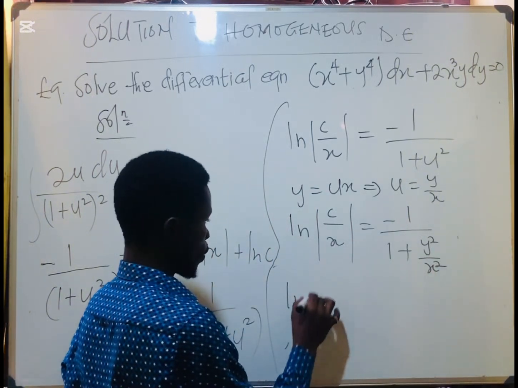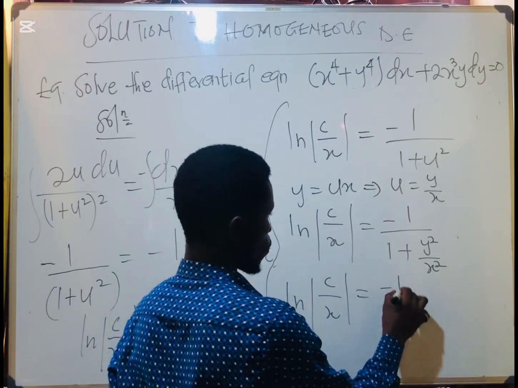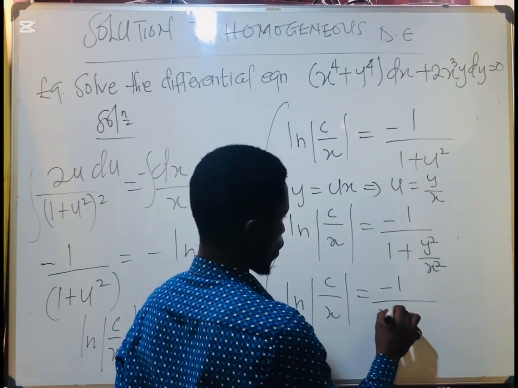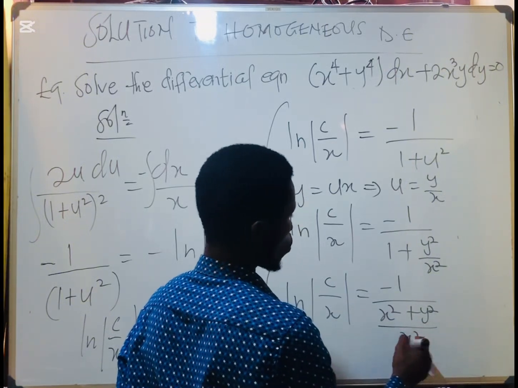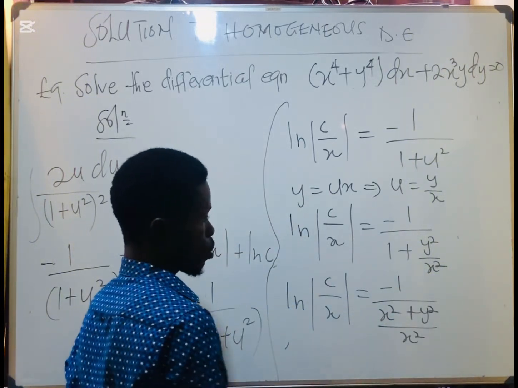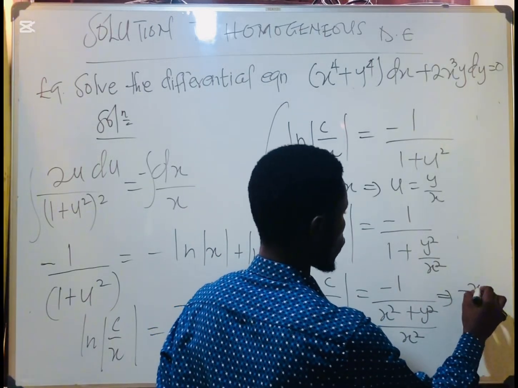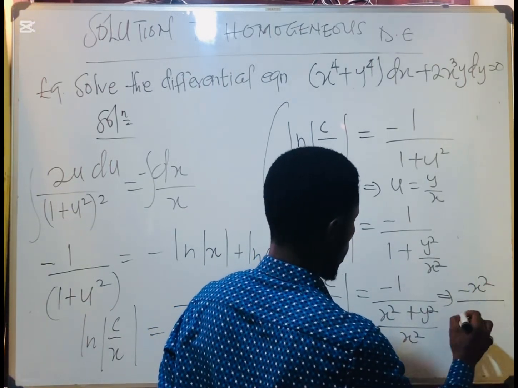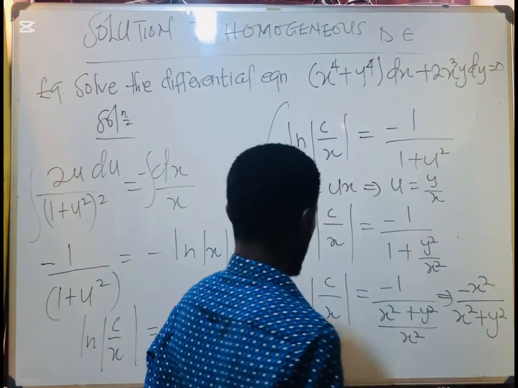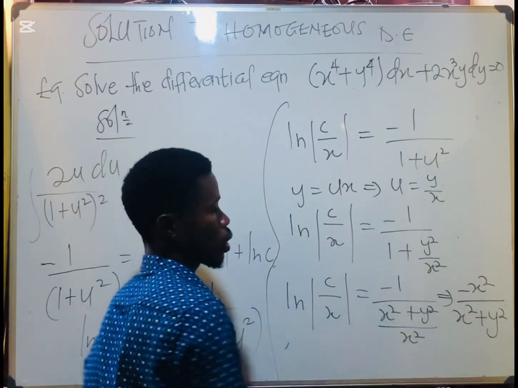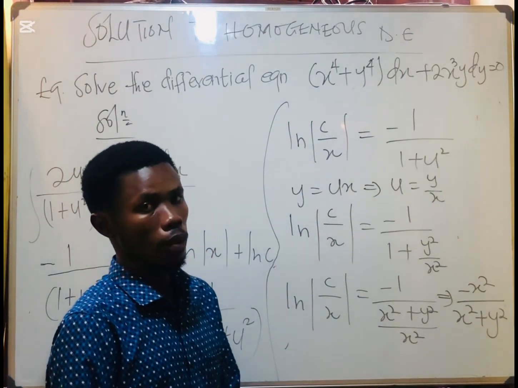So we have ln c over x equals negative 1 over x squared plus y squared, all divided by x squared. You know that this one you can find LCM. So this one also can be written as negative x squared, all divided by x squared plus y squared. So ln c over x equals to this. And that is the final answer. It's general solution. So when you see the c there, there's no problem with that.